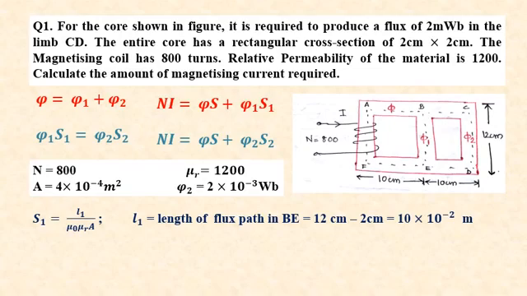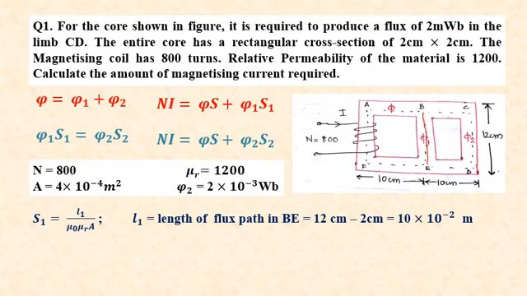But in the figure, what we are given are the dimensions of the core, and the flux will always pass through the middle section of the core. So the flux path is only from this point to this point. This is the length L1.